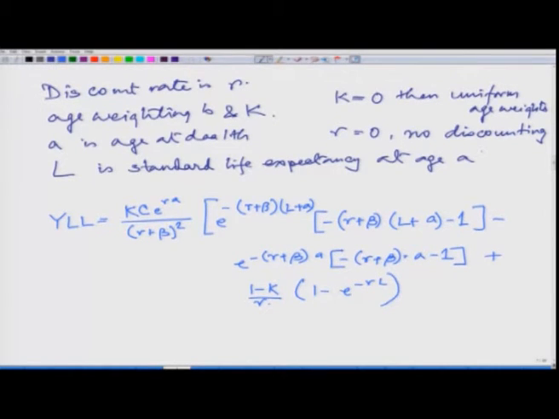So I'll just check the formula, L plus A minus R plus B, L plus A minus 1, minus this, plus, yeah, perfect.